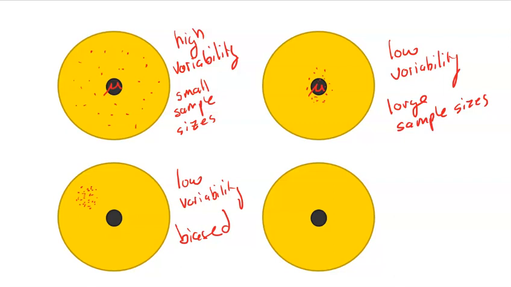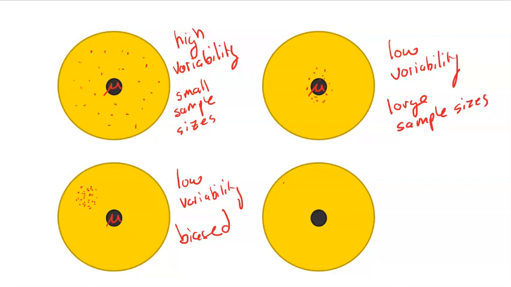Your samples are accurate in and of themselves, but they're not accurate to measuring the truth that you're aiming for. Now, this is going to typically happen because your samples aren't random. Maybe you self-selected, maybe you used volunteers, or maybe you thought you were selecting your sample from the overall population, but you're actually not doing that. So again, we have low variability, but our samples just aren't even close to what the truth is. And that's what creates this bias.